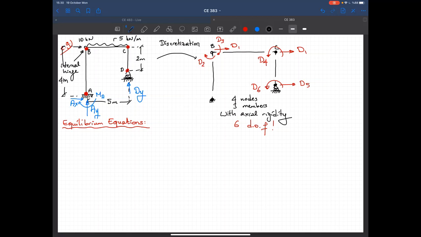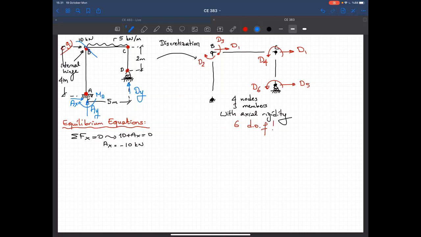So our first equilibrium equation is sum of forces in the x direction is equal to 0. So this gives me 10 plus AX equal to 0. So here we find out that AX is equal to minus 10 kilonewtons. So what I'm going to do is I'll divide this structure into two from this point.